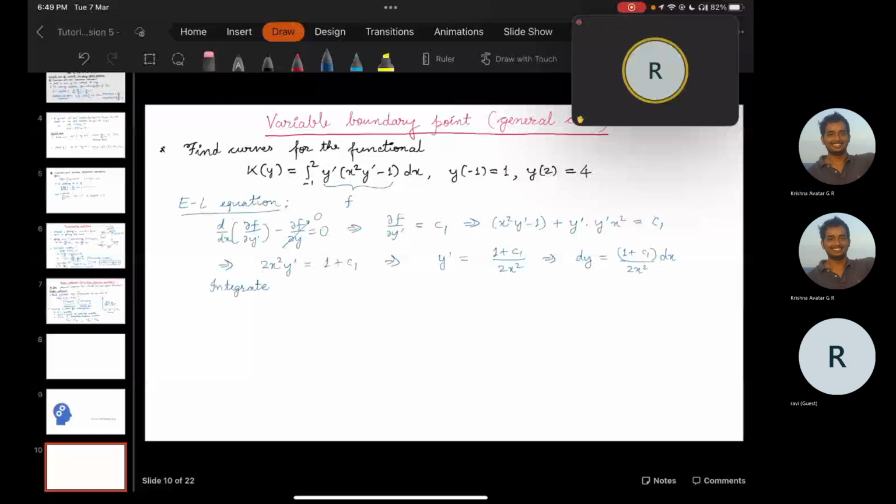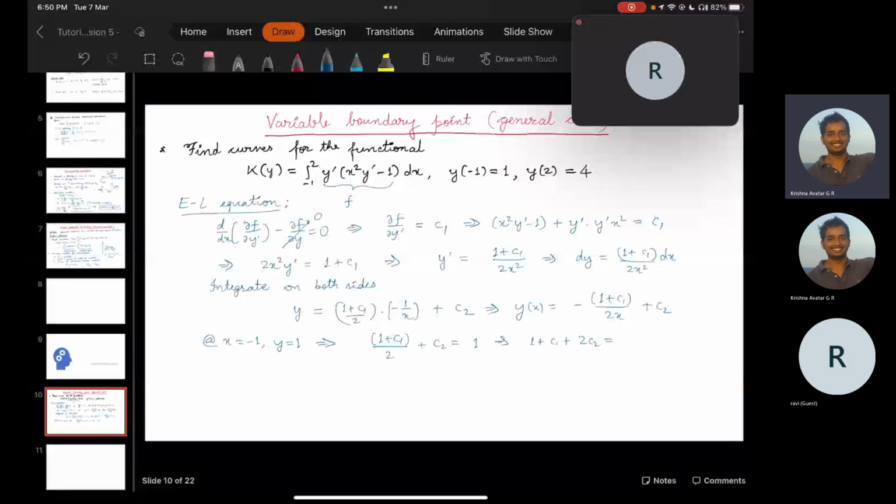So this implies that 1 is equal to minus 1 plus c1 by 2 into minus 1, so this is nothing but 2 plus c2 is equal to 1. Then multiplying throughout by 2, we have 1 plus c1 plus 2c2 is equal to 2, and we can write this as c1 plus 2c2 is equal to 1. So this is our first equation.